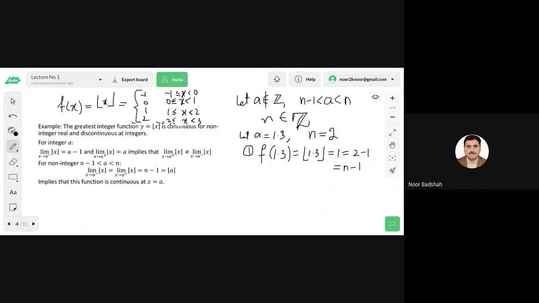Okay. Similarly, if you go for condition number 2, obviously we'll be finding the left hand limit and right hand limit.